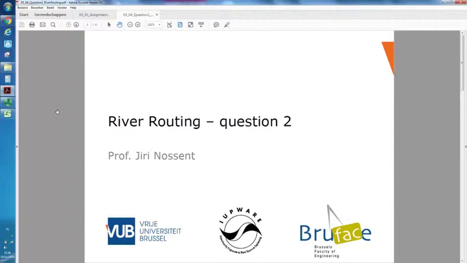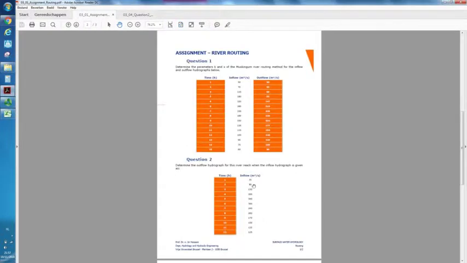In the second question of the part on river routing, it is asked to determine the outflow hydrograph when a certain inflow hydrograph is given, based on the k and the x values that are found in the first question.